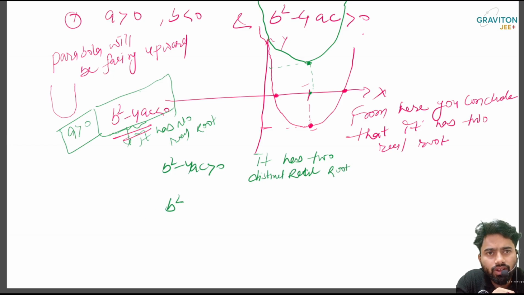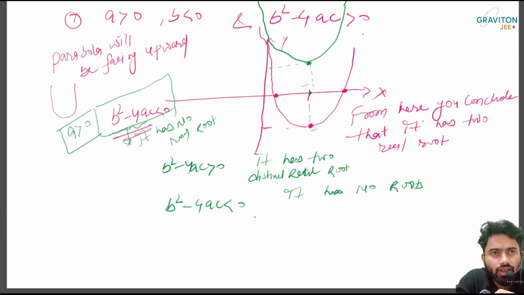And if b square minus 4ac is negative, it has no roots. And if b square minus 4ac is equal to 0, it has equal roots. That means both roots are equal.